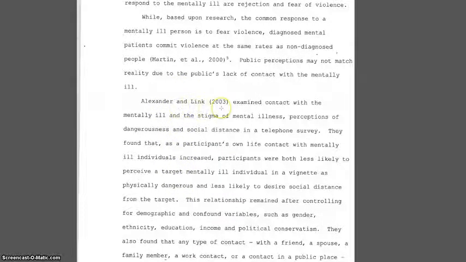All right, Alexander and Link. Notice this topic sentence focuses specifically on this source, so the reader is going to anticipate discussion of only Alexander and Link. Examine contact with the mentally ill and the stigma of mental illness, perceptions of dangerousness and social distance, in a telephone survey. Okay, so this links into the sentence that I told you was being used as a transition sentence.